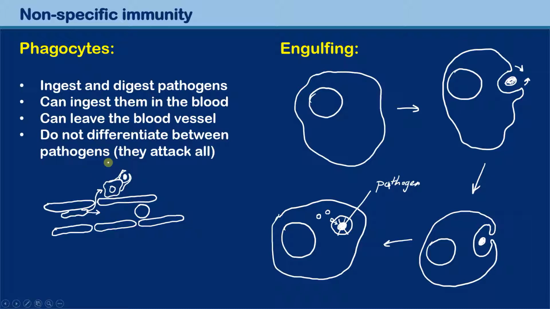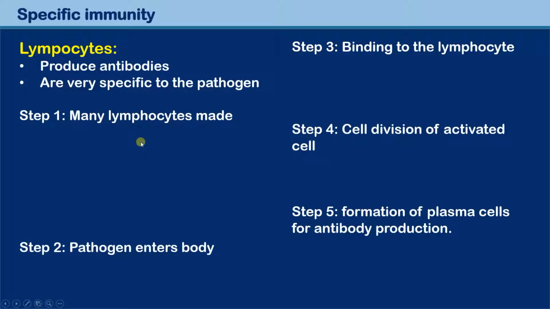So we now move on from the non-specific immunity to the specific immunity, and that's on the next foil. And the specific immunity is done by white blood cells called lymphocytes. And what they do is they attack the pathogens by producing so-called antibodies. And the word antibody should have been colored yellow because that's an important term.